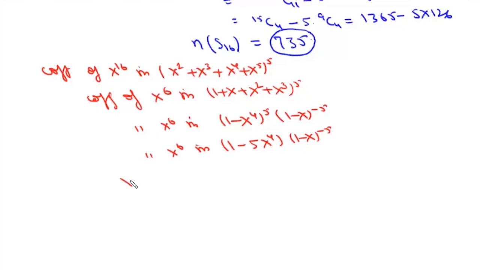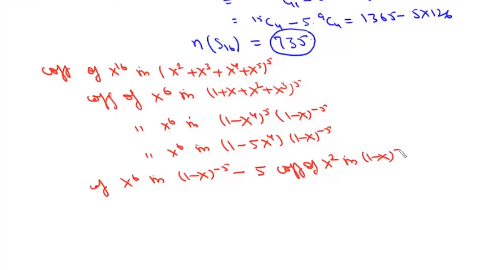Now here we can write the coefficient of x to the power 6 in (1 minus x) to the power minus 5, and then minus 5 into the coefficient of x square in (1 minus x) to the power minus 5. Now this is (6 plus 5 minus 1)C6, and then minus 5 into (2 plus 5 minus 1)C2.